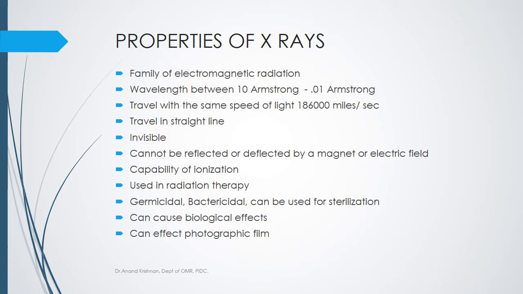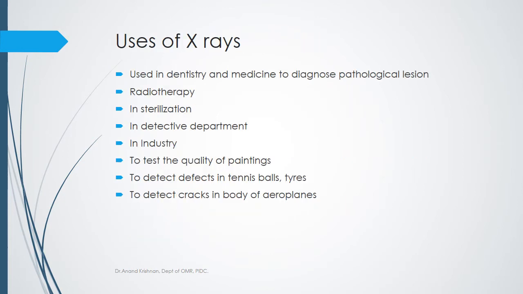So UV rays, at a certain degree of time and exposure, have the ability to become germicidal. The same goes for X-rays and gamma rays too, and long-term exposure to shorter or longer wavelengths of X-rays can cause biological effects.